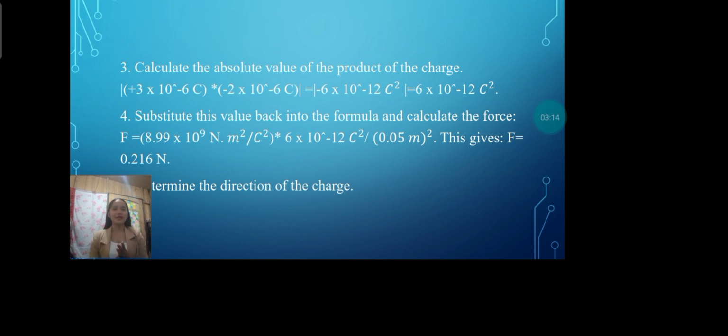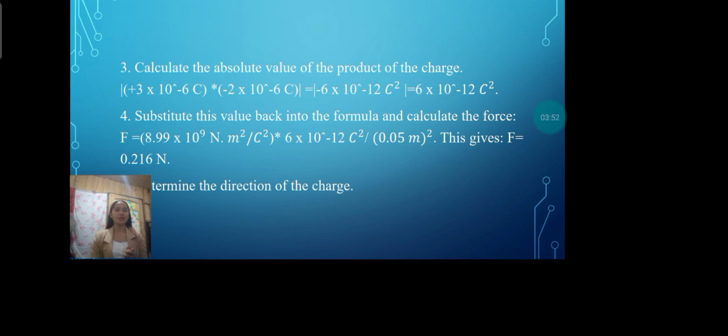Now let's move on to step 3. It states: calculate the absolute value of the product of the charges. Positive 3 times 10 to the negative 6 C and negative 2 times 10 to the negative 6 C gives negative 6 times 10 to the negative 12 C squared, so the absolute value is 6 times 10 to the negative 12 C squared.